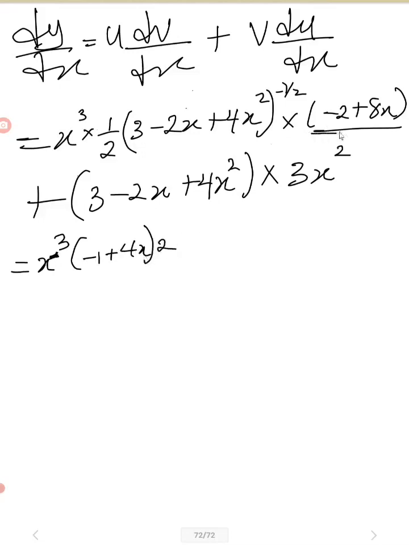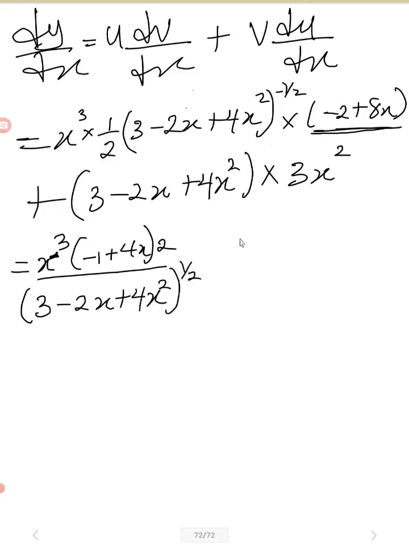I'm still considering this, so onto 2, now over, you open a bracket, (3 minus 2x plus 4x squared) all raised to power half. Are you able to see it? So now there is a half here, which is this 2. That half will come here, because this can be easy to cancel. That is just analysis I'm trying to do. So therefore, it will come down to this.